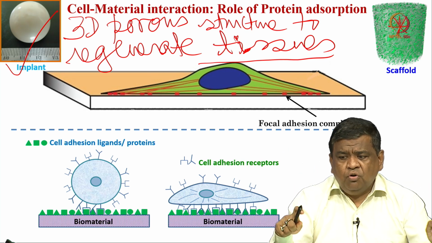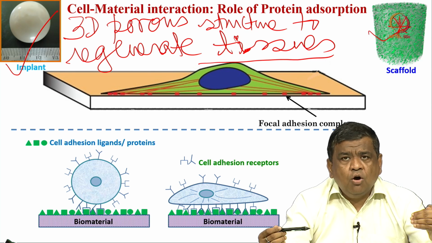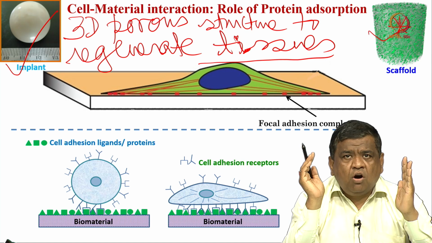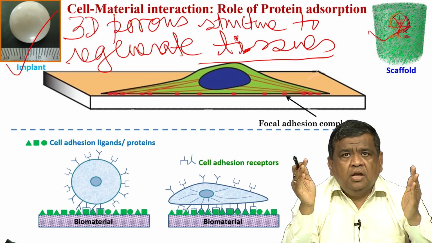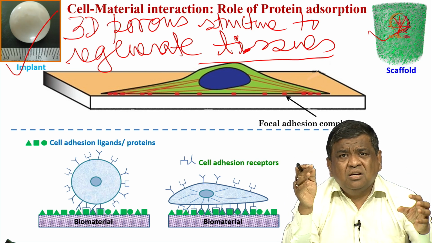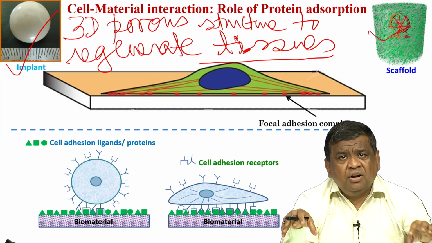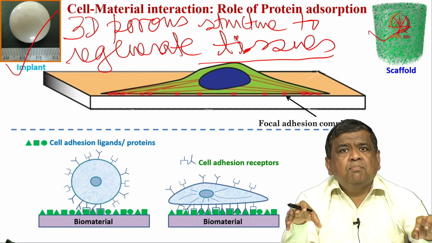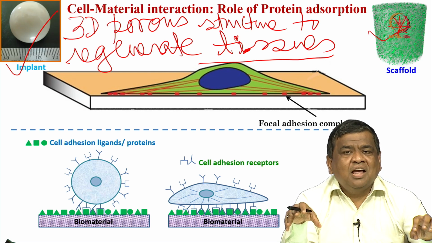So, now if you look at these two ends of this top part of this particular slide, one side you have an implant and one side a scaffold. One is a 3D non-porous structure, the implant, one is a 3D porous structure. If you ask yourself which will have better mechanical properties when the same composition material exists as scaffold and as implant, with the same shape and size, certainly the implant will have better mechanical properties because it is non-porous, that is number one.